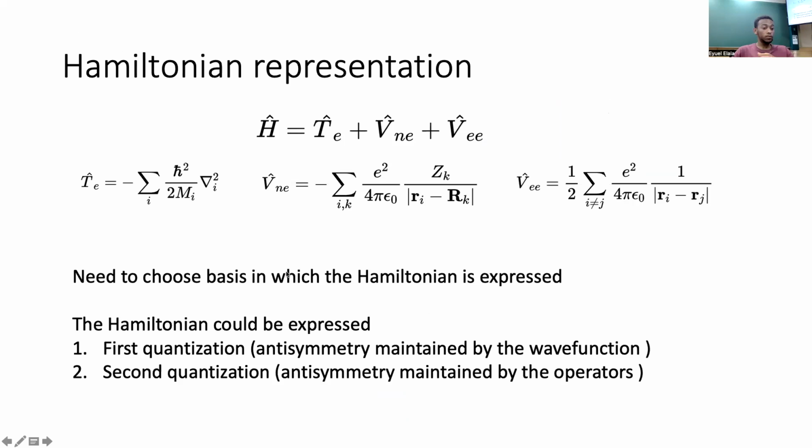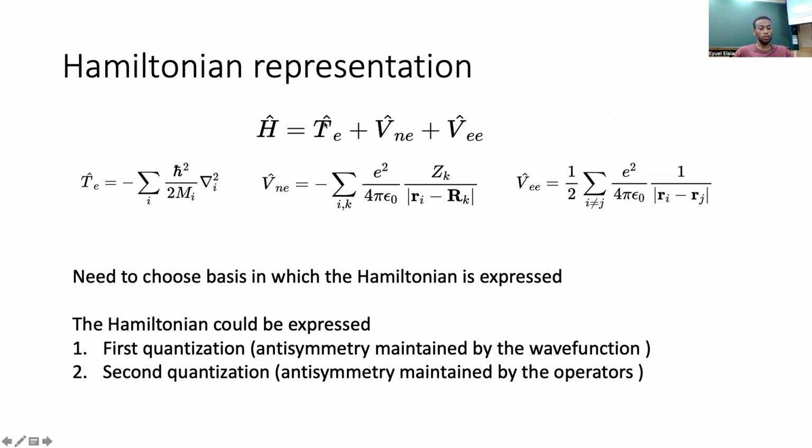So the first one is the Hamiltonian representation. We have a molecule, which is just a cluster of atoms separated by some distance in space. So we need to represent this physical system, and in order to do that, we need to describe it with the Hamiltonian.